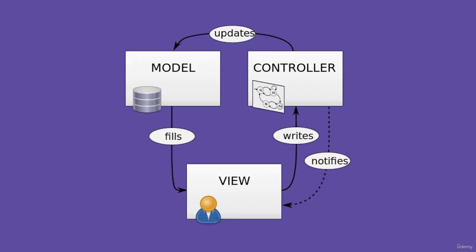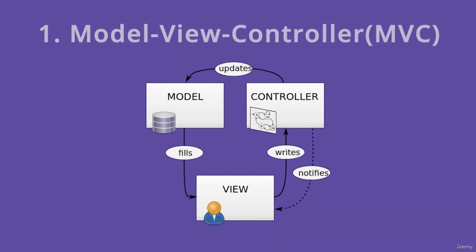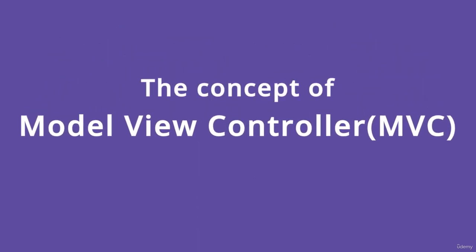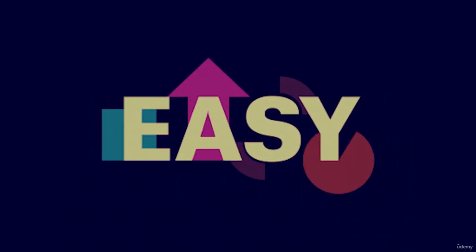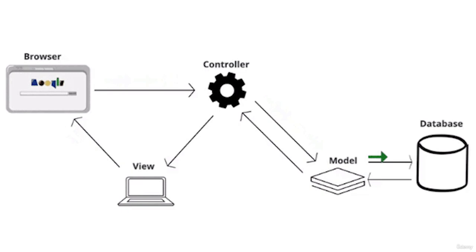One of the most popular design patterns is the model view controller. The concept of the MVC design pattern is really simple. The model manages all the data. The view manages all the widgets that go onto the screen.